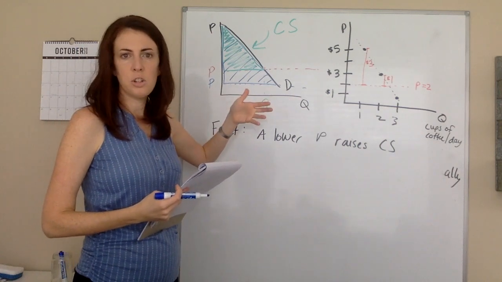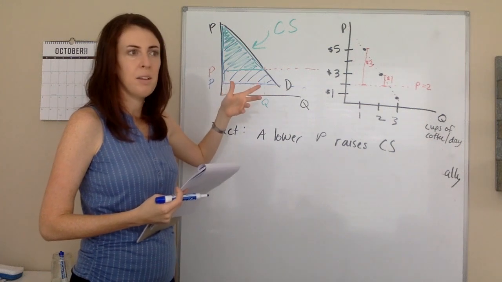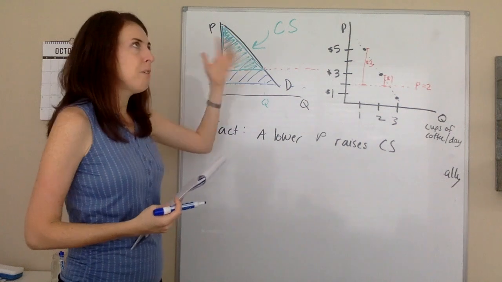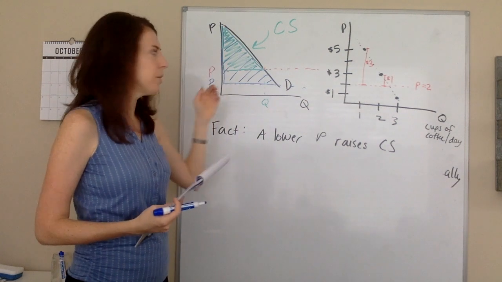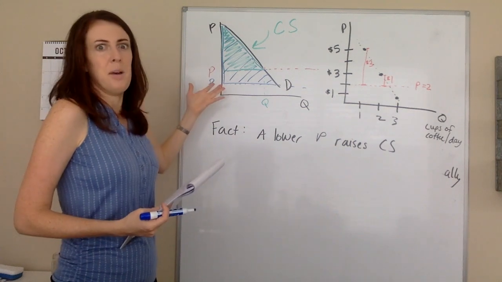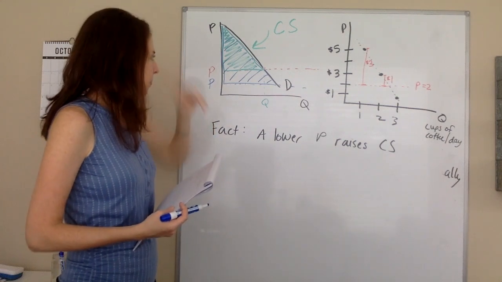Intuitively this should make all the sense in the world, because consumers, people who are buying stuff, like low prices, right? They have some fixed willingness to pay for a good in their mind, and if that good happens to go on sale one day, they're even better off because they're getting more surplus relative to what they're willing to pay.